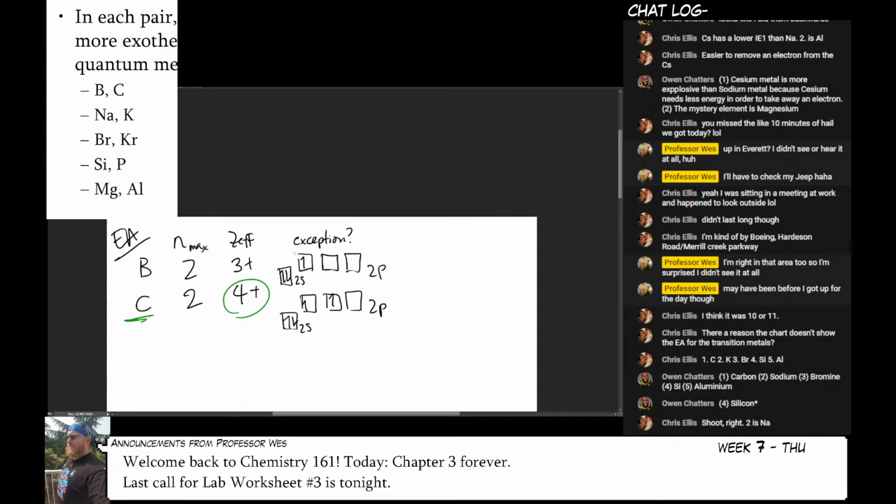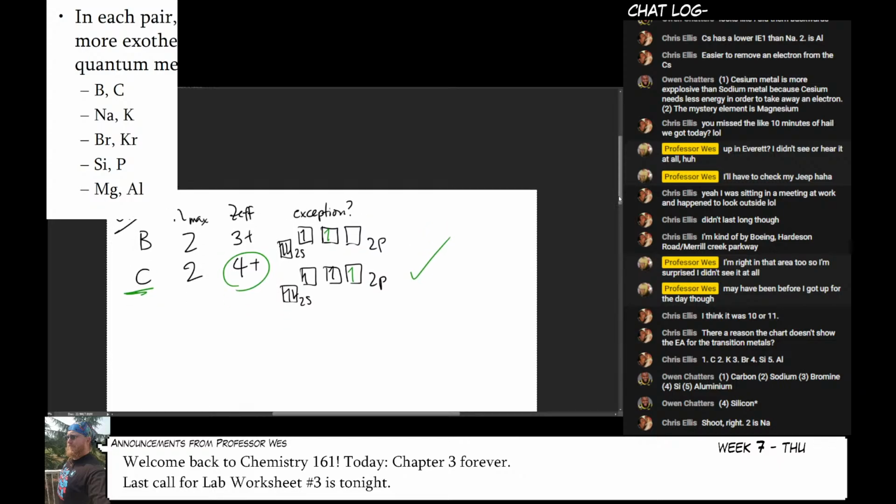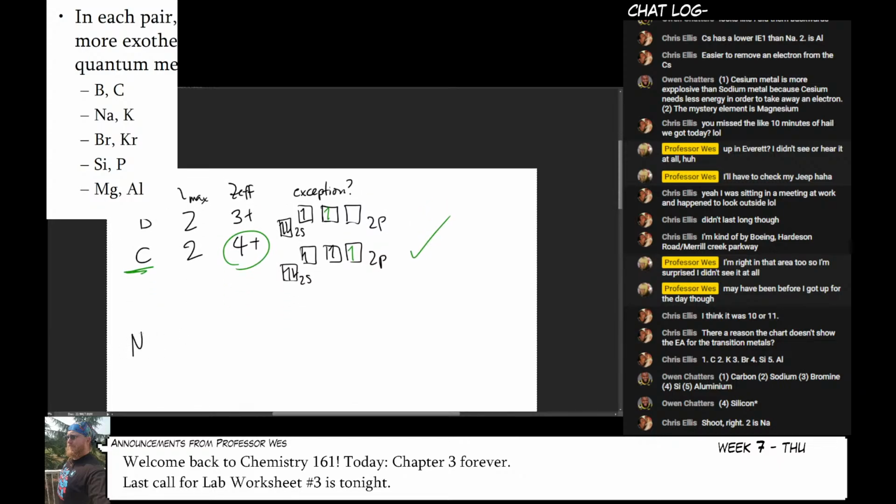And so the electron we'd be adding would be this one or this one. Neither of those are weird exceptions. We didn't add the first one in 2p, nor did we pair them, nor did we have to put it in a higher n. So everything checks out. So carbon should be the one with the more negative electron affinity between the two, and it totally is. Okay, let's do that again for sodium and potassium.